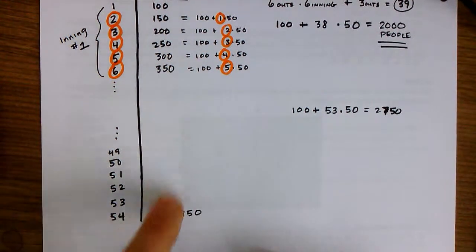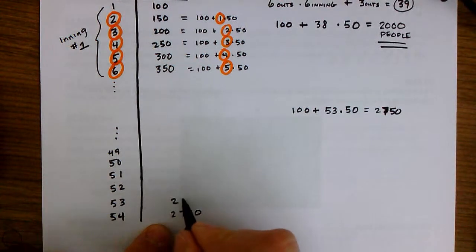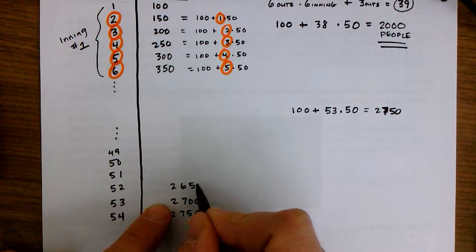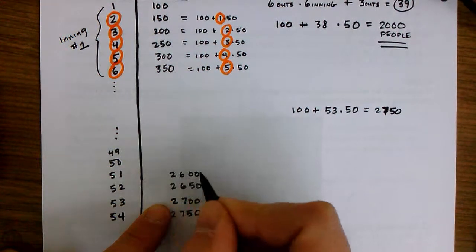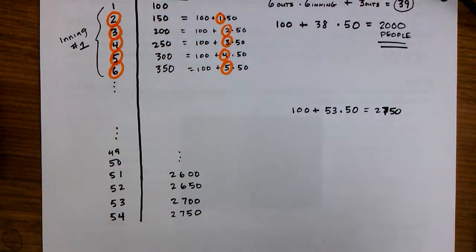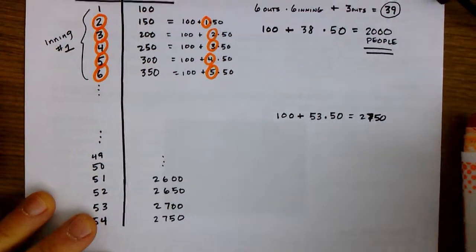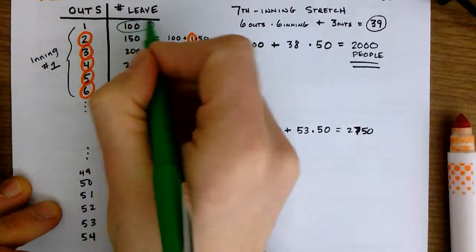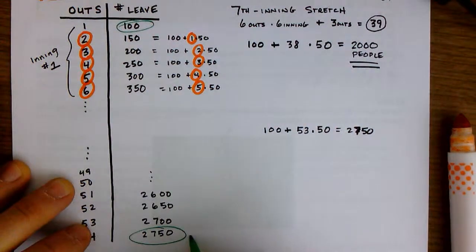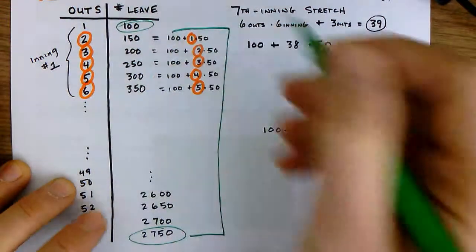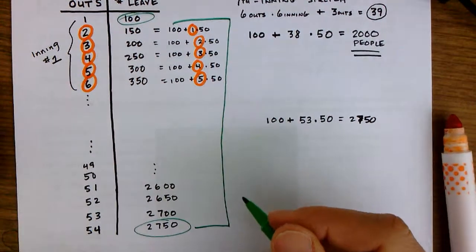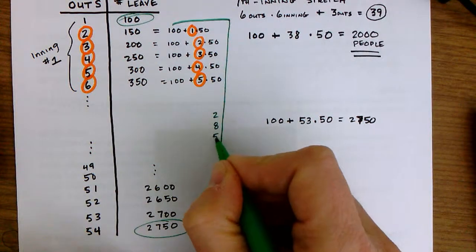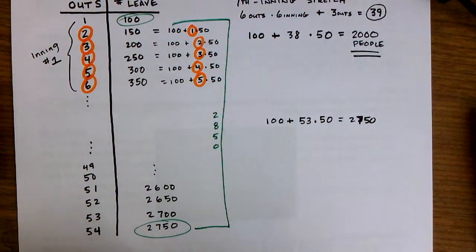And then I'm just going to add a few going backwards. So this would be 2700 because it was 50 fewer, and then 2650, 2600, and so on. And now we notice a secondary pattern. If you look at the first out and the last out, and you put them together, that's 100 plus 2750, that's 2850.